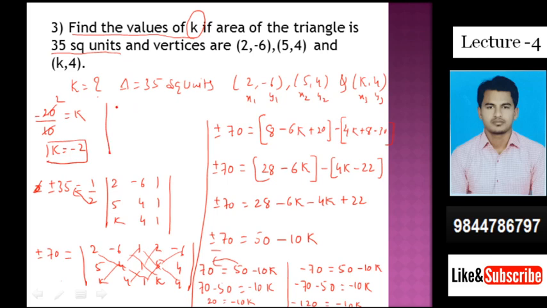Or else minus 120 upon minus 10 equal to k. 10 ones are 10, 10 12s are 120, minus minus cancel, k is equal to 12. Therefore we get two values, k is equal to minus 2 or k is equal to plus 12.